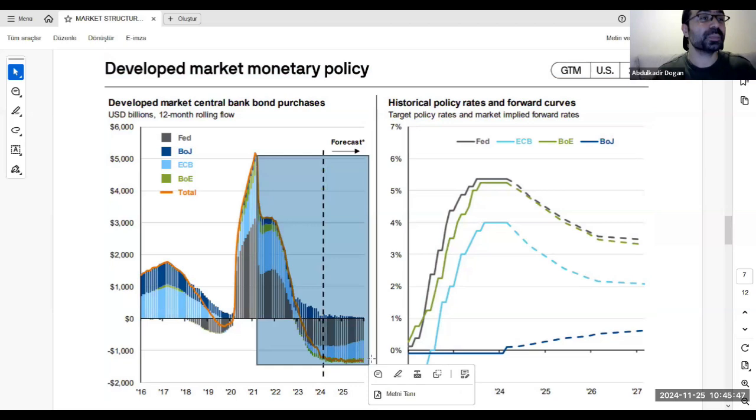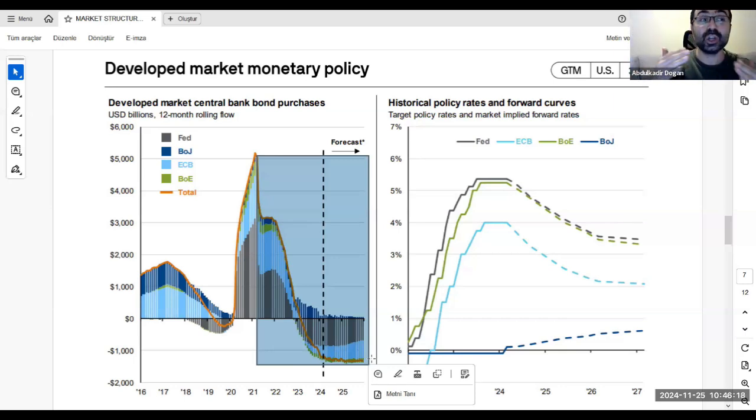Why? Because the quantitative easing period has ended. The United States stopped decreasing the interest rate because they see that there's an incentive in the market. Consumption and demand are increasing. Inflation is rising. So there's no need to give extra and cheap money to the market to increase the demand, because demand is satisfied and it is compatible with the current inflation projection.